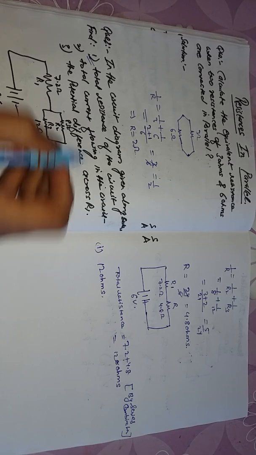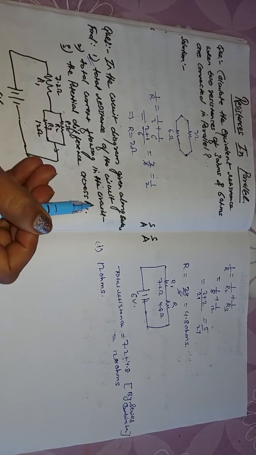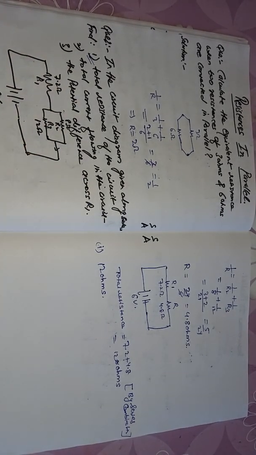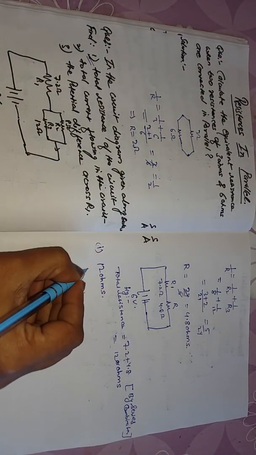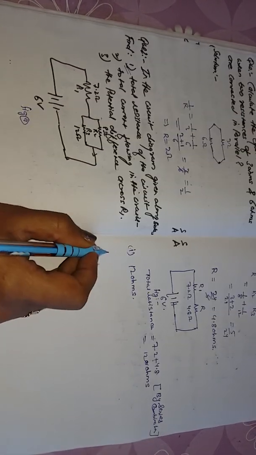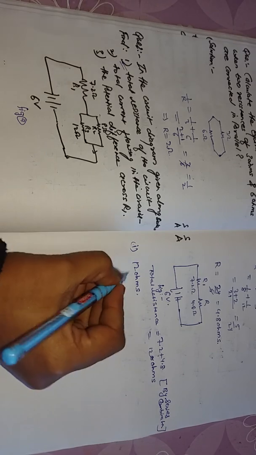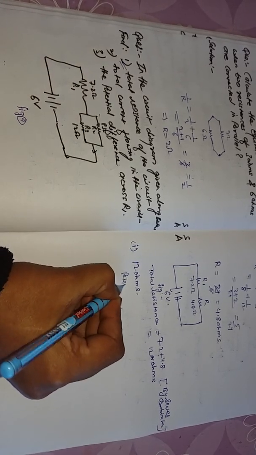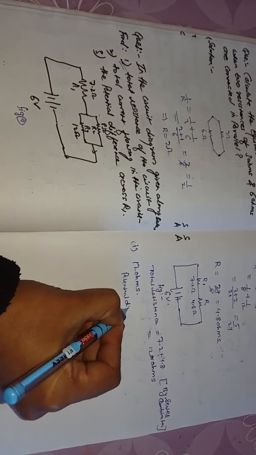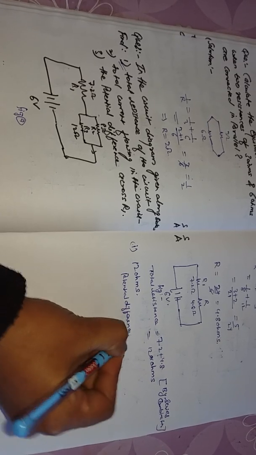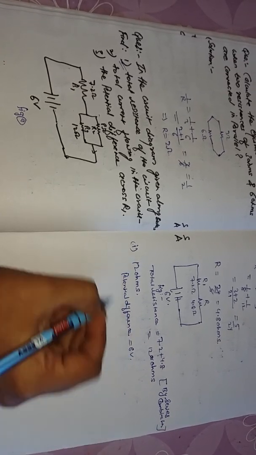Now moving towards our second question, that is total current flowing in the circuit. Total resistance is 12 ohm and the total voltage, that is potential difference, equal to 6 volt.